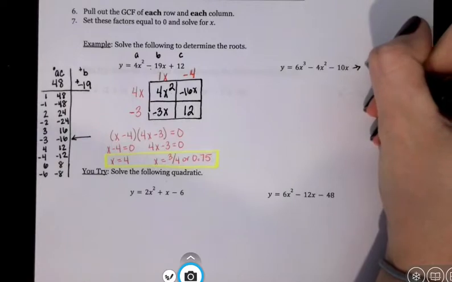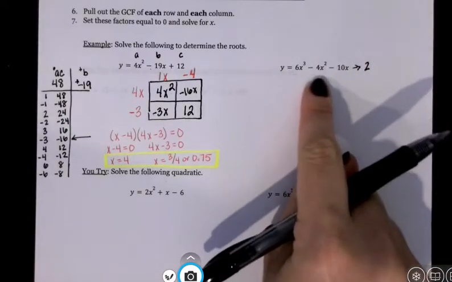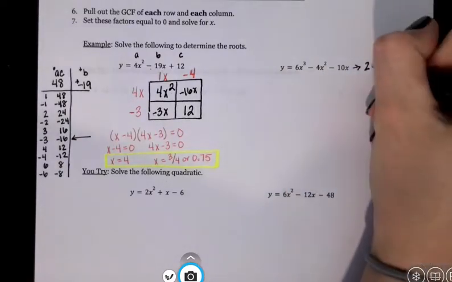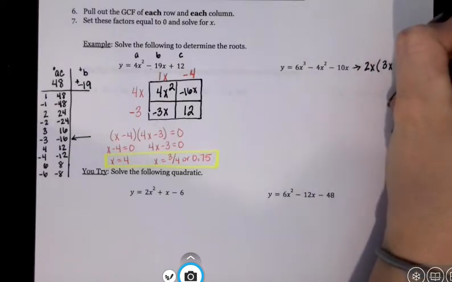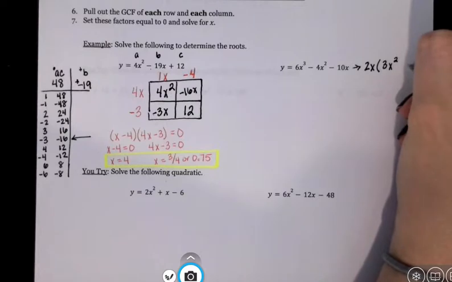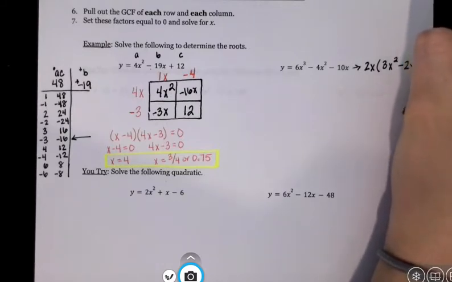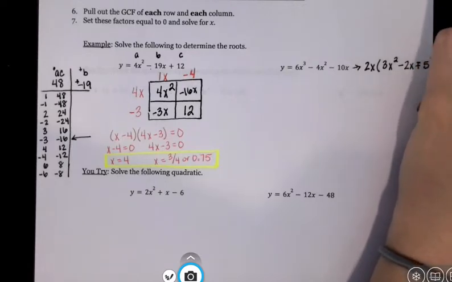And then I want to look at my variables, and it looks like I have one x in common. So when I divide this out, I would get 3x squared minus 2x plus, nope, that's a minus sign, minus 5. And I'm writing in pen.